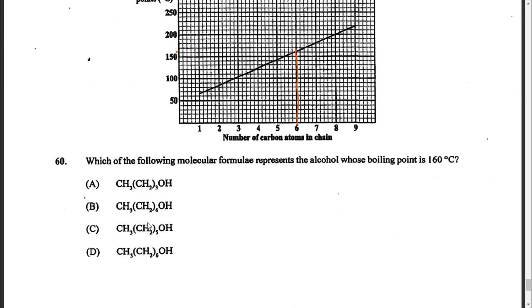So there are 3 outside this bracket and 1 carbon inside. So that's 3 times 1, that's 3, plus 1, that's 4. So this is 4 carbon. There's a number 4 outside, 1 inside, 4 ones 4 and 1 is 5. So that's 5 carbons. 5 ones 5 and 1 is 6. So that's 6 carbon. 6 ones 6 and 1 is 7. So that's 7 carbon. So what we are looking for is C.